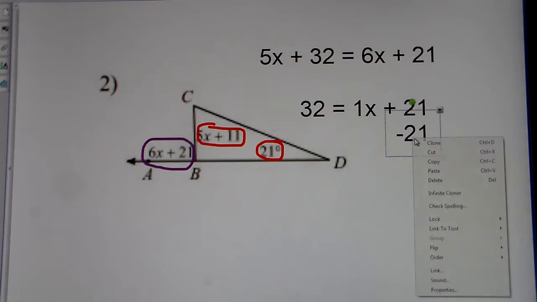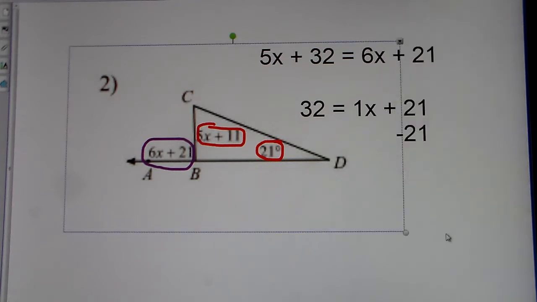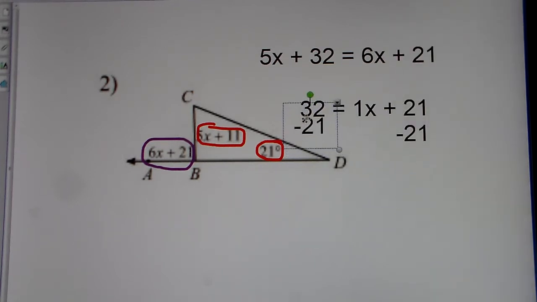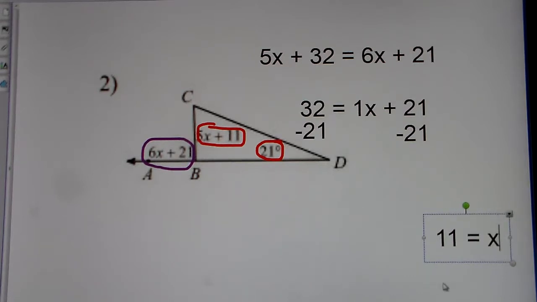So we subtract 21 there, and you subtract 21 there. You're going to get 11 equals 1x, or aka 11 equals x, or x equals 11. And we solve for the value of x. So we have x equals 11. That's the answer to number 2.